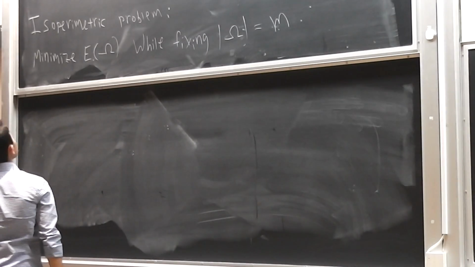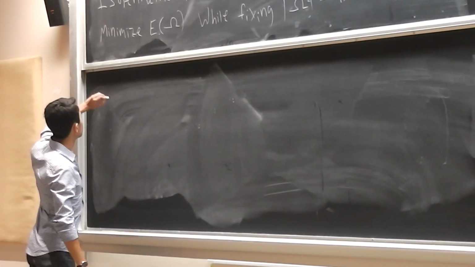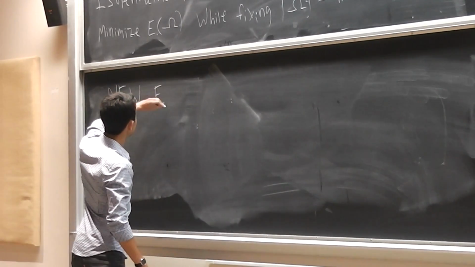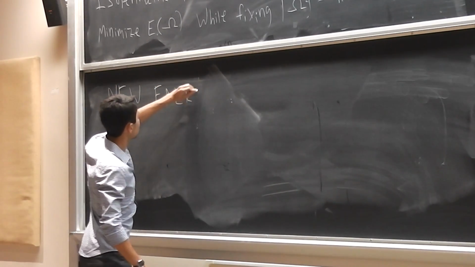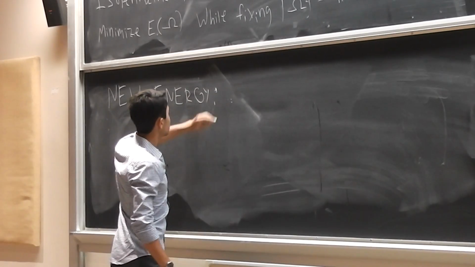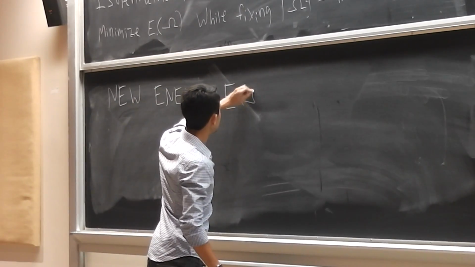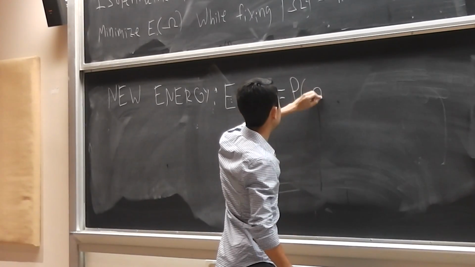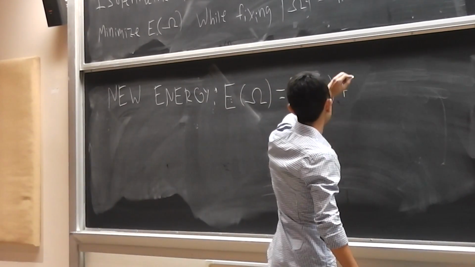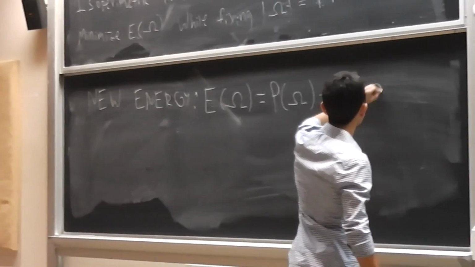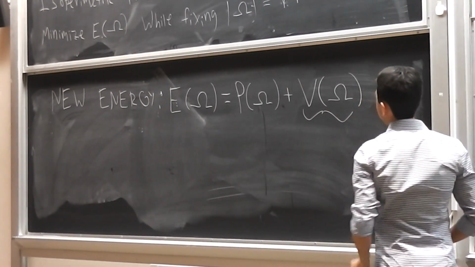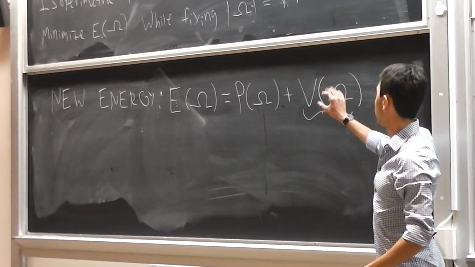Okay, so now what if we modify this? What if we define this new energy? We say E of omega equals the perimeter like before, but we add this term, sometimes called the non-local energy or potential energy.